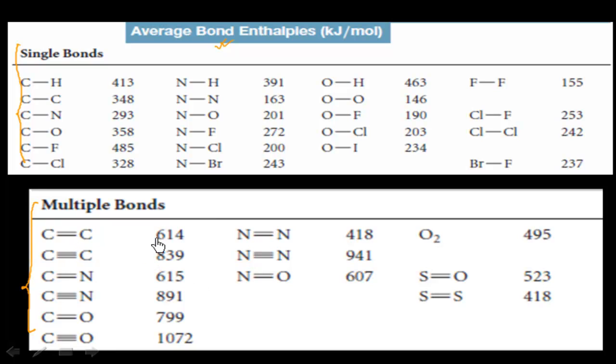You see the C=C double bond energy is 614 kilojoule per mole and the single bond energy is 348. In general, a double bond will have more energy than a single bond, and a triple bond is even stronger than the double bond. And these things we will derive in the next slides.